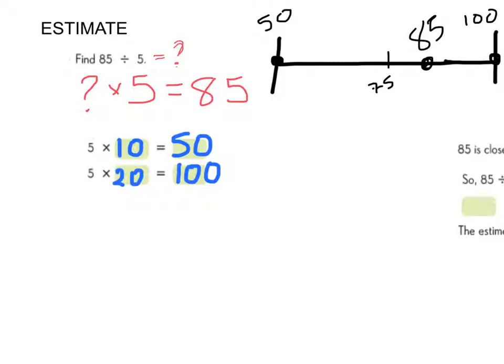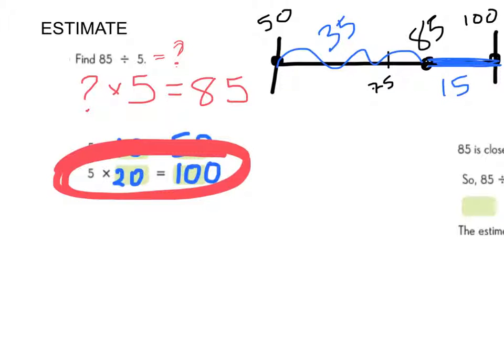So in these two problems, 5 times 10 equals 50, and 5 times 20 equals 100. We see that 100 is closer to 85. The difference is only 15, as opposed to the difference here is 35. So we're going to focus on 5 times 20.